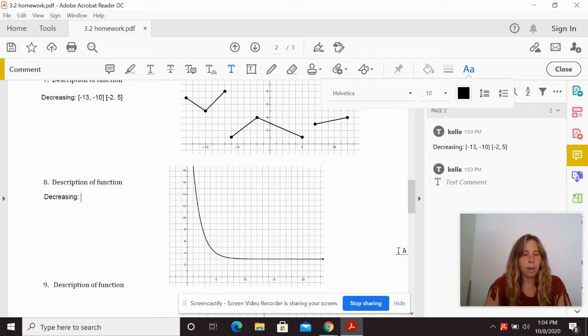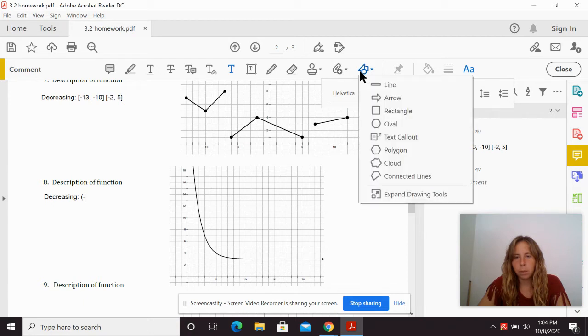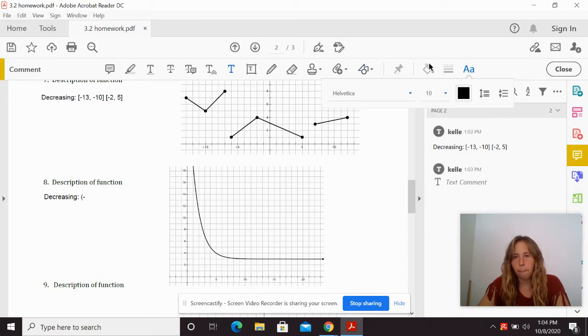It's decreasing from negative infinity... Can I write infinity on here? Probably not. Well, you would use the infinity sign. So it would be negative infinity, comma, positive infinity. It's always decreasing.